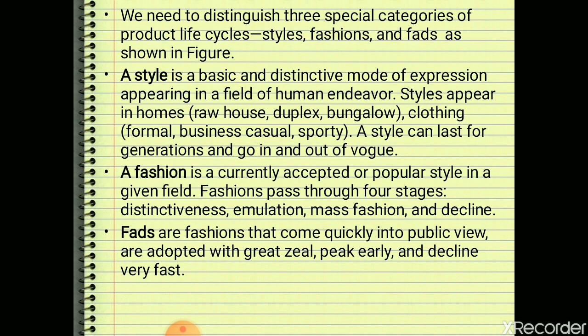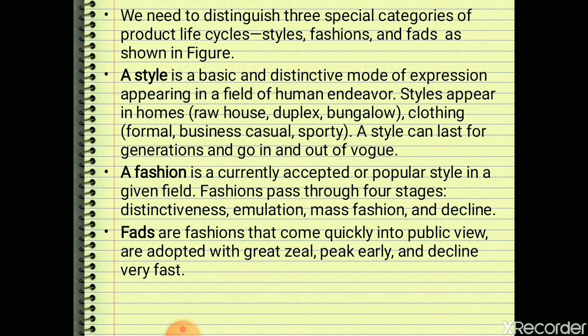So we need to differentiate style, fashion and fad. Style is a basic and distinctive mode of expression appearing in a field of human endeavor, right? Style appears in home design like row houses, duplexes, bungalows, and in clothing like formal, business casual, sporty. Style can last for generations.